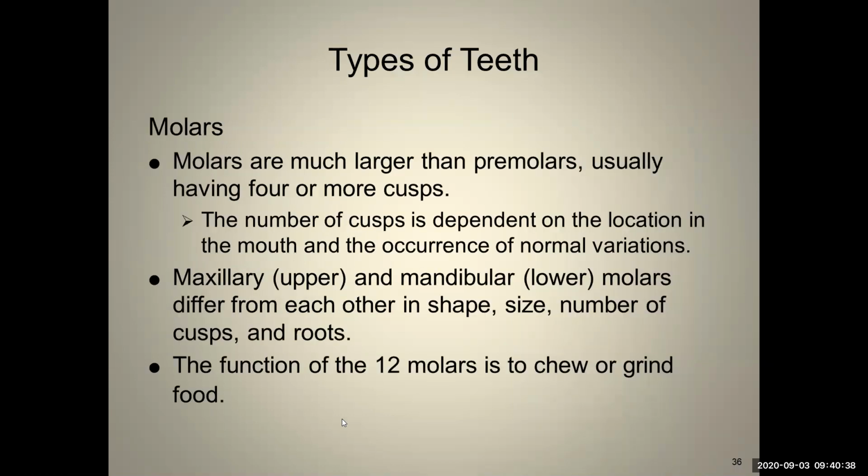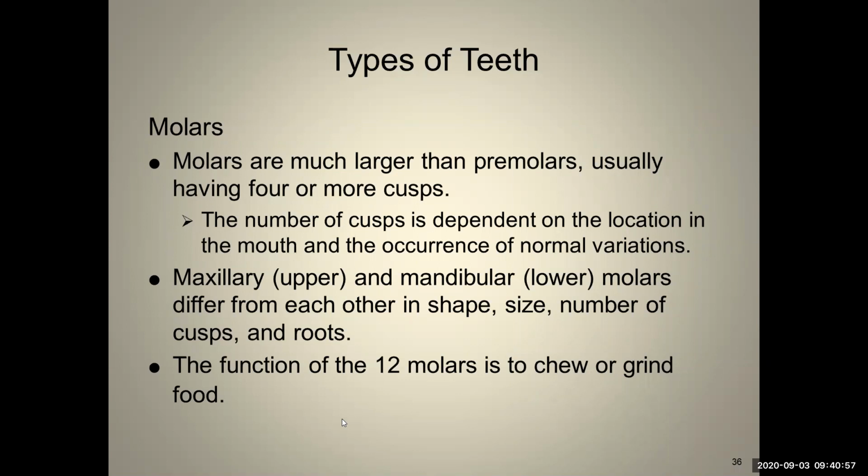Behind the premolars, you have the molars. The molars are much larger than the premolars, and they usually have 4 or more cusps. The number of cusps is dependent on the location in the mouth, and there are normal variations of everything, just to complicate things.